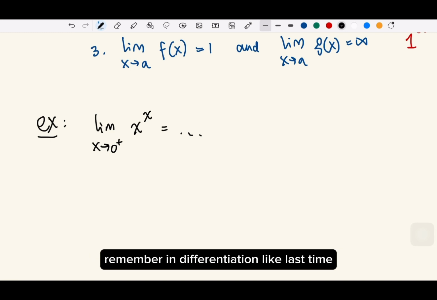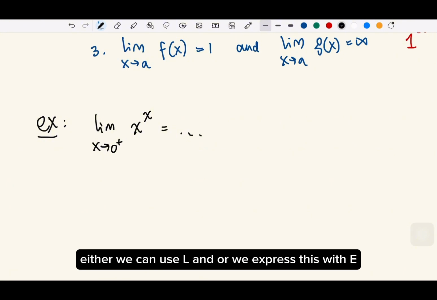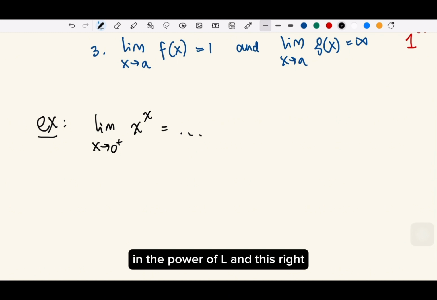Remember in differentiation, like last time, when we have a function with power of functions, the best way is to make this x go down. Either we can use ln, or we express this with e, e with power of ln of this. Right? So let me write just 2 separate ways.